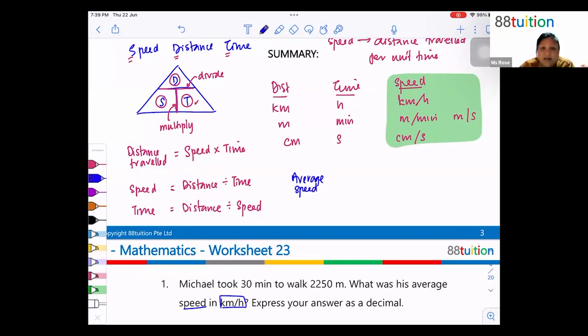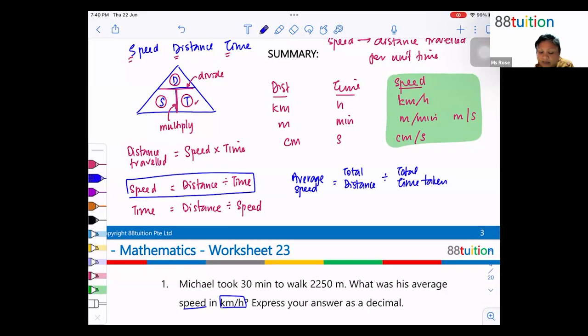Average speed is when a car is traveling at constant speed and it stops and continues. It follows the same formula, except that it has the word total in it. Average speed is equal to total distance divided by the total time taken.